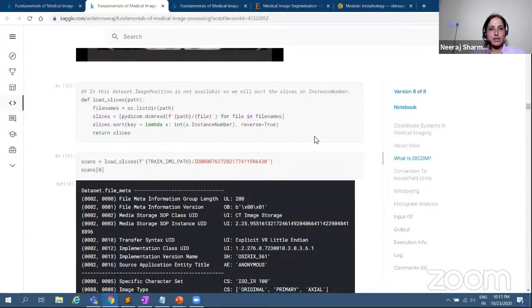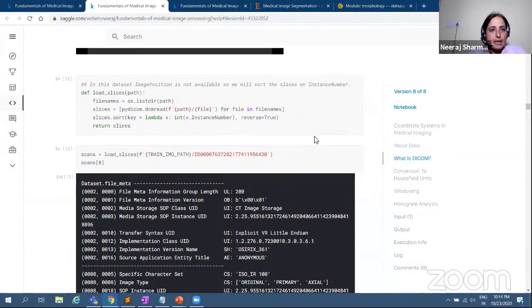If a patient undergoes a CT scan, they will get a scan, and if it is an axial plane, we will get the slices of the lung. If we combine all the slices, it becomes the whole lung picture. So every scan is made up of multiple slices. Every slice is 2D, and together they make the whole lung.